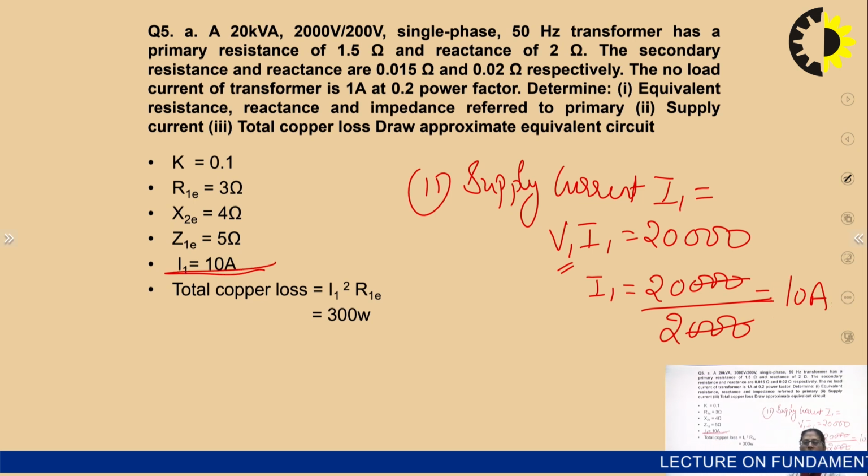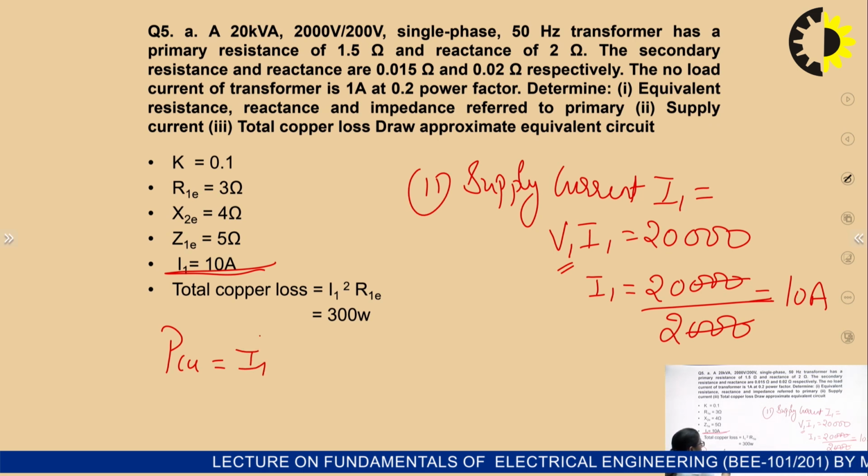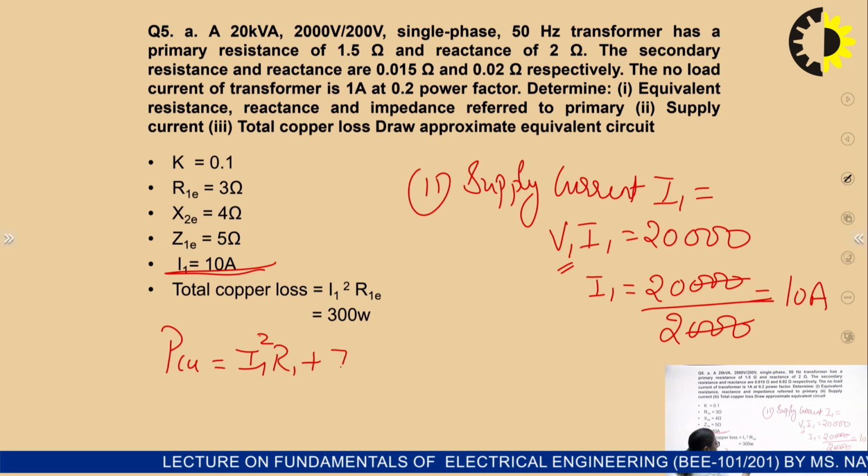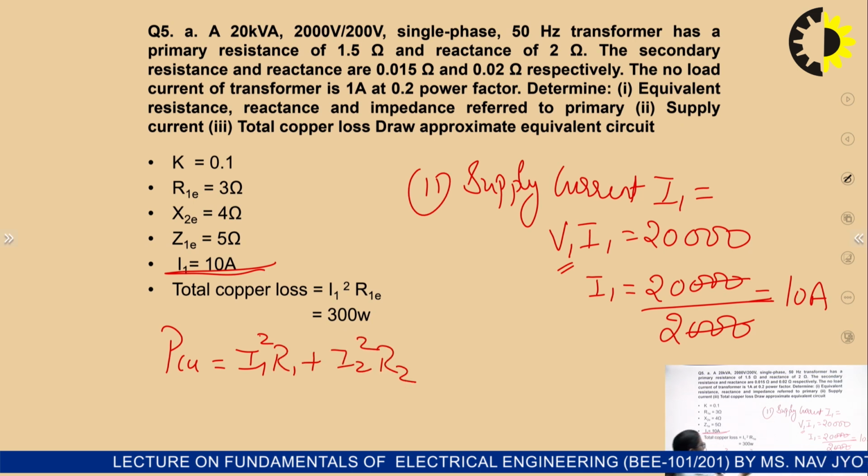Now, finally, the total copper losses in a transformer. The total copper losses can be given with 3 formulas, in fact. The very basic formula for finding total copper losses, we call it PCU, obviously at full load, can be given as I1 square R1 plus I2 square R2, where in this case there is no referring. R1 is the primary resistance and R2 is the secondary winding resistance.